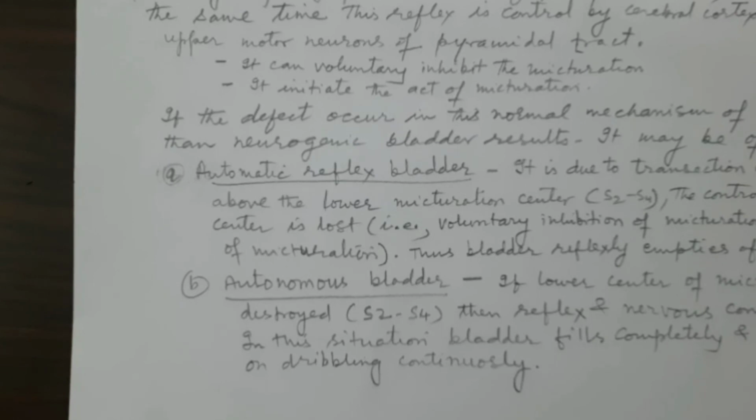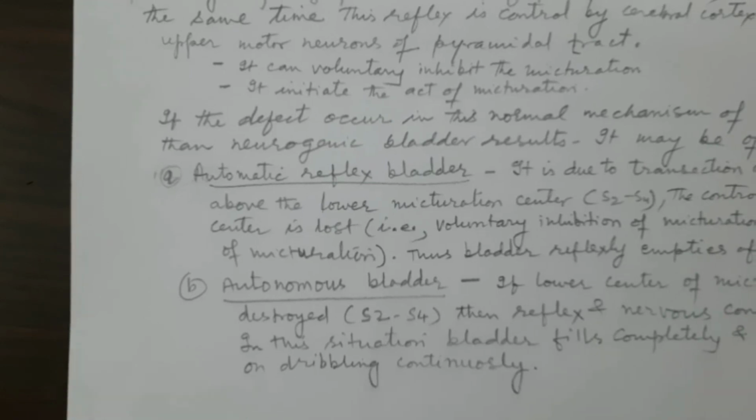When the patient passes urine continuously drop by drop, this is called autonomous bladder.